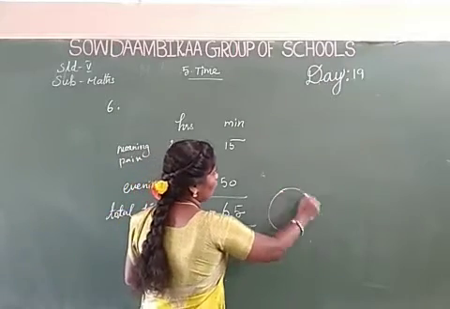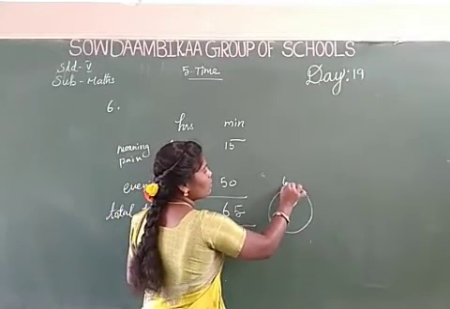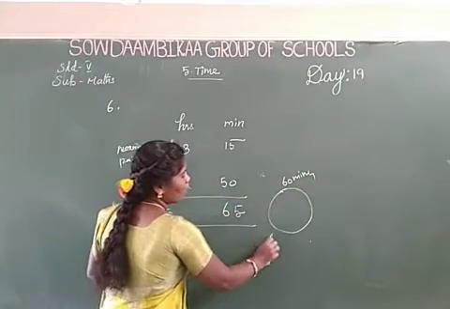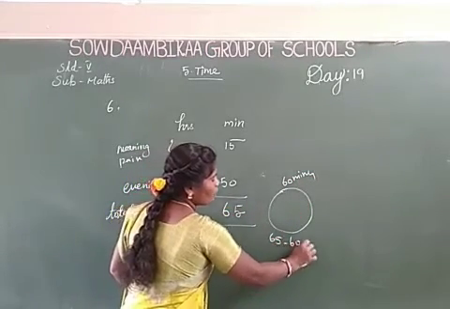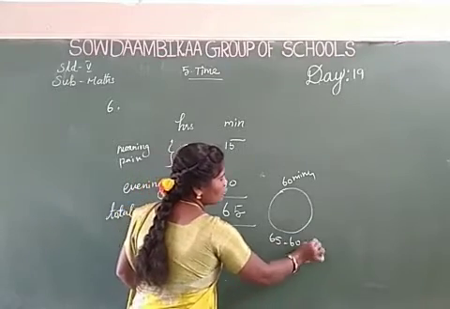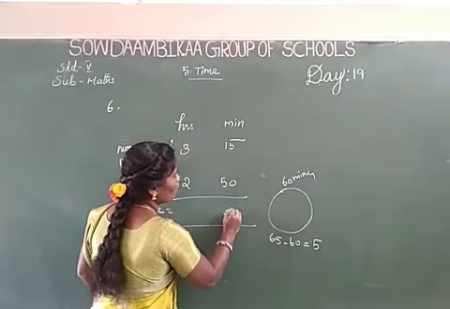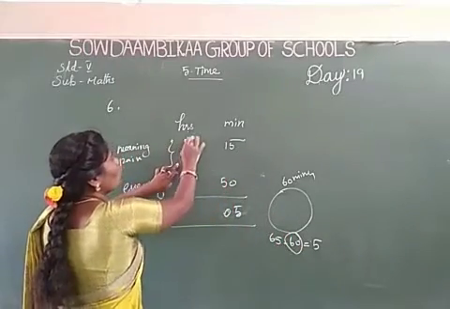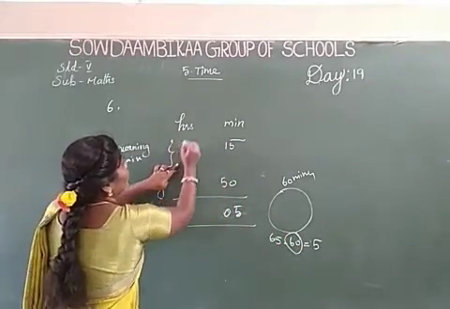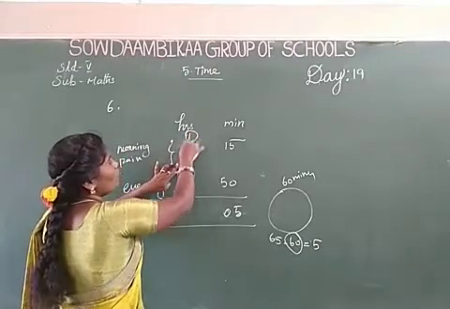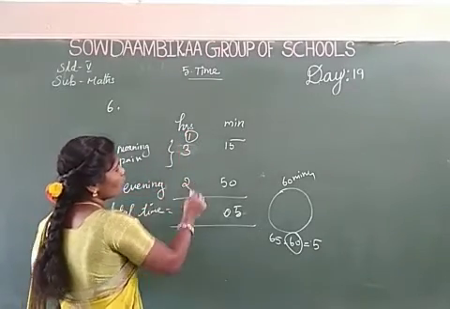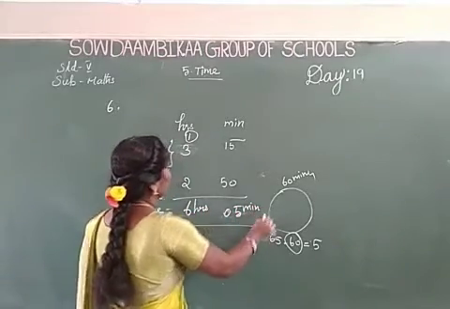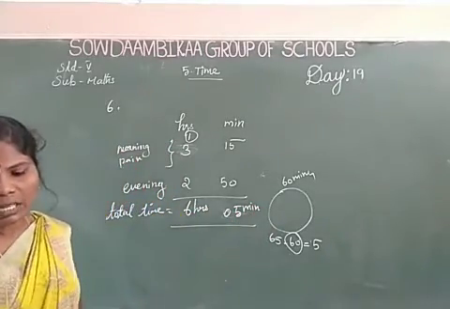Already I told you the wall clock has only 60 minutes. So 65 minus 60, we get only 5 minutes. The 60 minutes are added to 1 hour. So 3 plus 1 is 4, 4 plus 2 is 6. So 6 hours 15 minutes is the working hours.